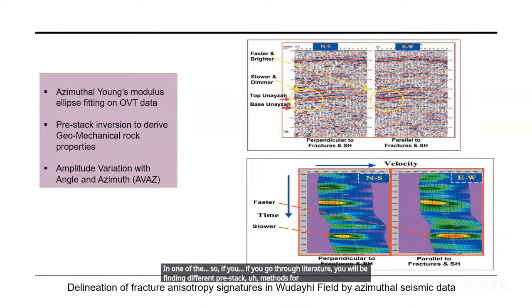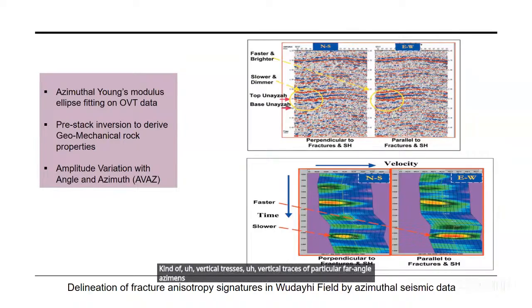One of them is the azimuthal Young's modulus ellipse fitting on OVT data, where OVT is a kind of offset vector tile, vertical traces of particular far angle azimuths.